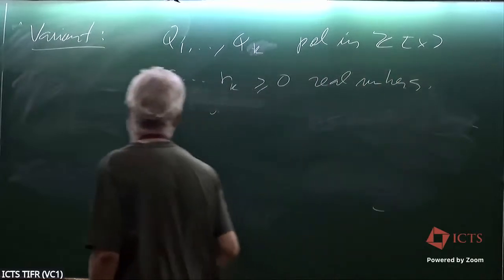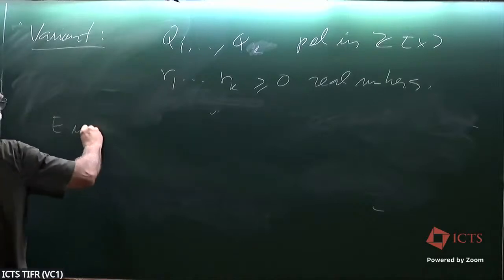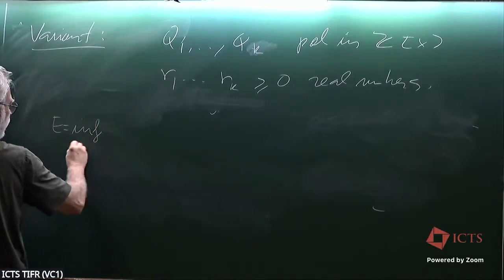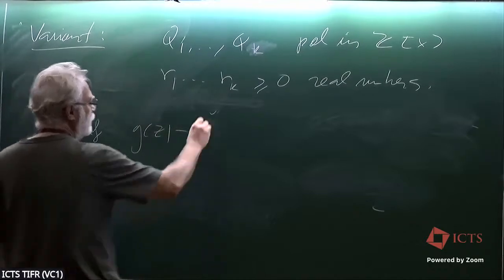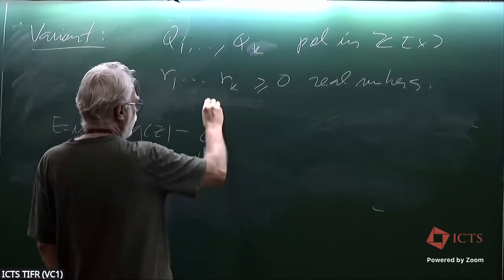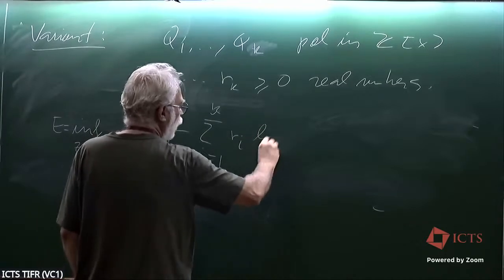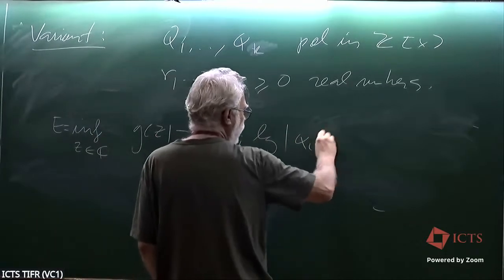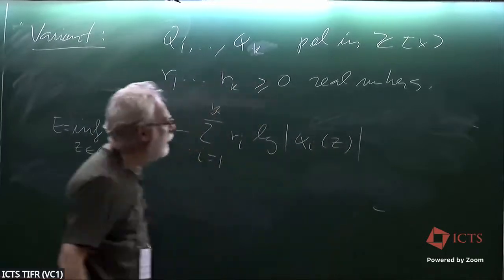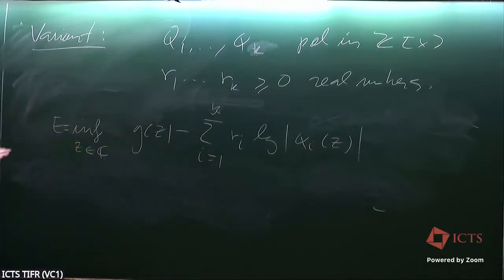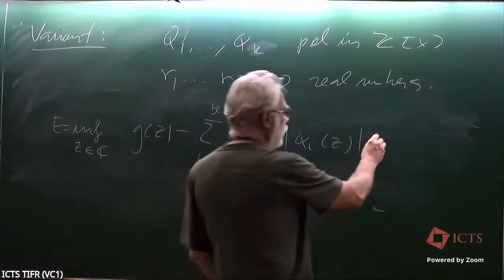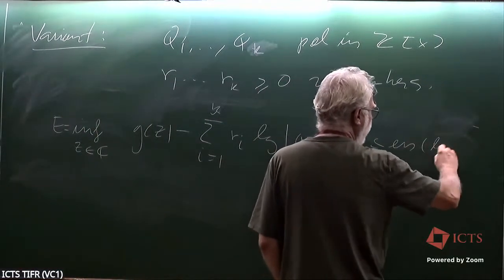And I can look at E equal now to the infimum for set inside C of G of set minus the sum i equal to 1 up to k of Ri log of absolute value of Qi of set. Okay. Instead of just subtracting a polynomial, I can subtract a lot of polynomials, and this is again smaller or equal than the essential minimum of H.